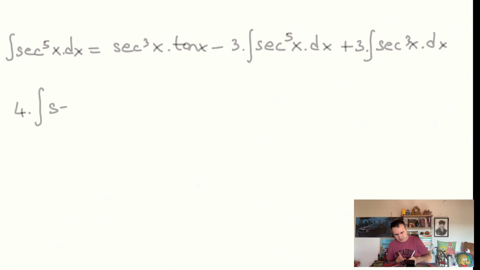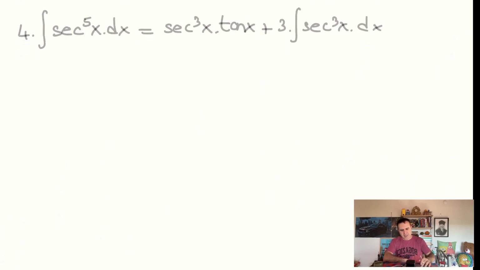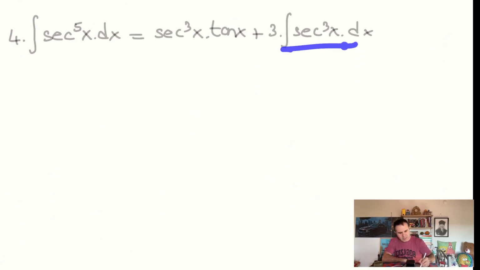of secant to the power of 5x dx equal to secant cube x times tangent x plus 3 times secant cube x dx. Now we should take the integral of secant cube x, then we will find the answer.